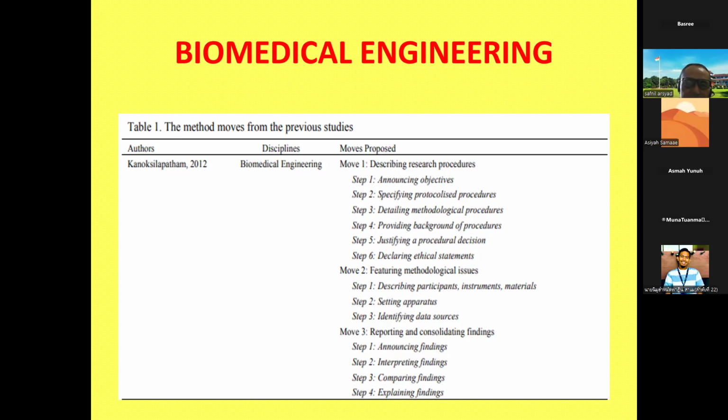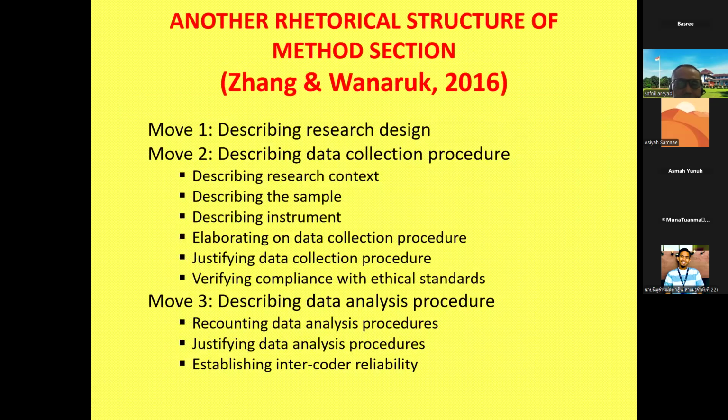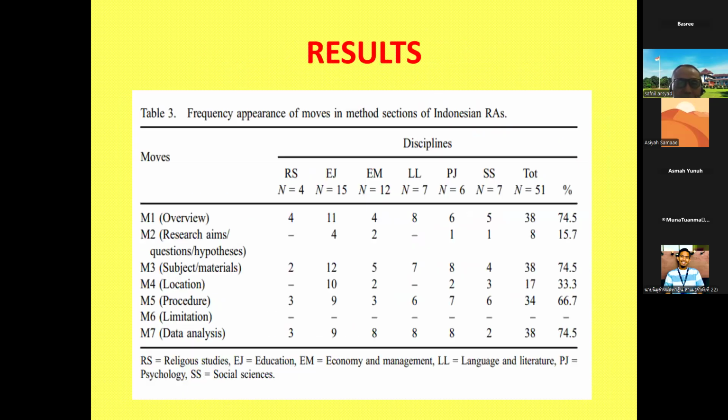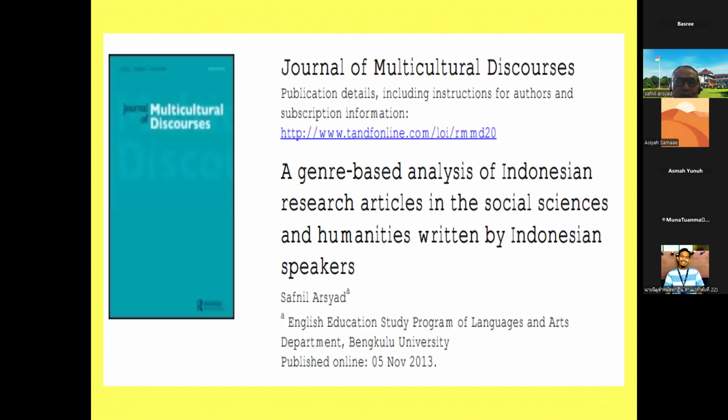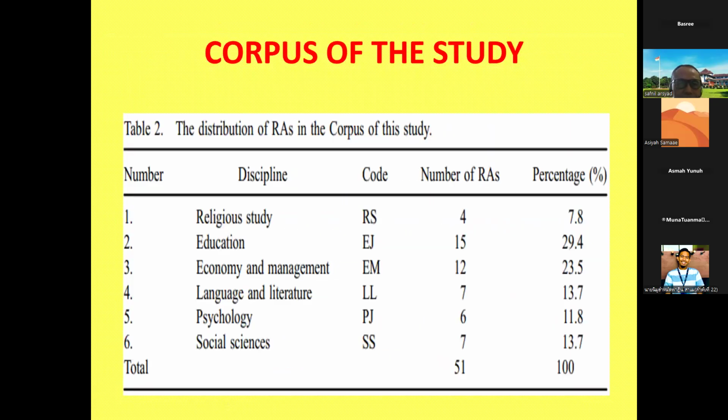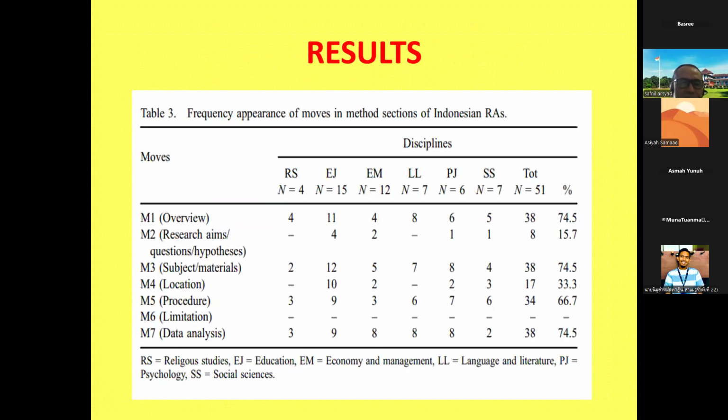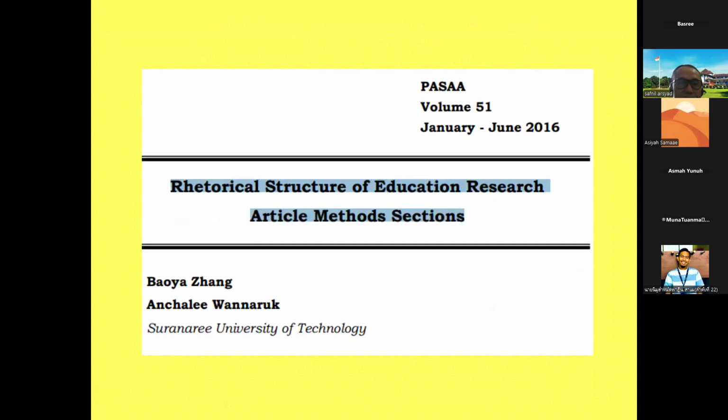So you see, there are varieties of models of a method section of the research article from different fields. LIMS took it from economics, management. Peacock is from applied linguistics, and I use Peacock's model to analyze articles written by Indonesians in social science and humanities.